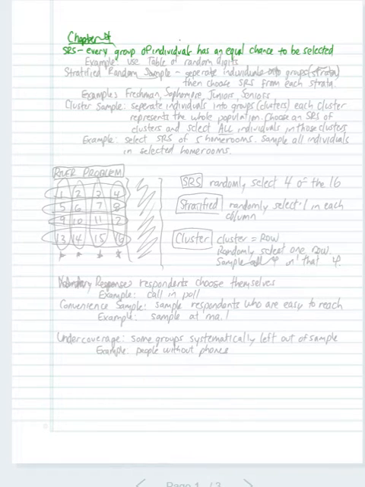And this is the most common type of sample that we take in statistics. And we've done many examples, but generally, when you're selecting an SRS, you are going to be either using a table of random digits or a random number generator on the calculator in order to find your SRS. So I'm just going to say for the example that you want to use a table of random digits.